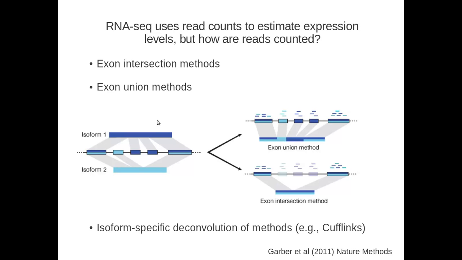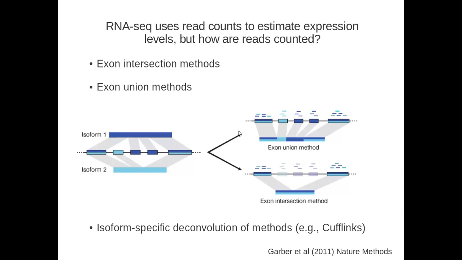Let's take a look at an example where we have isoform 1 and 2, two alternative splice variants from the same gene. Notice that light blue represents an exon that's found in isoform 2, dark blue an exon that's represented in isoform 1. This is the way in which this gene can be alternatively spliced.